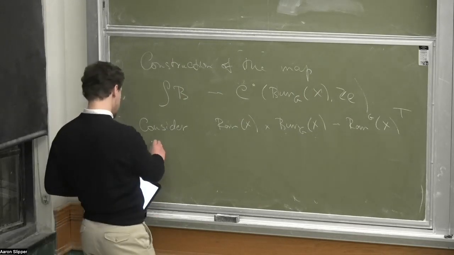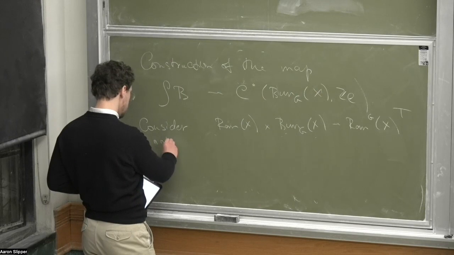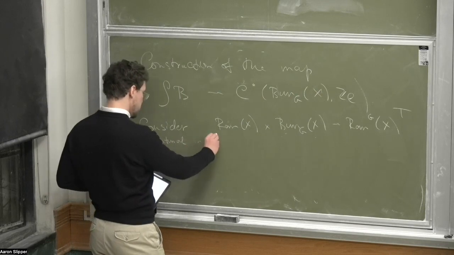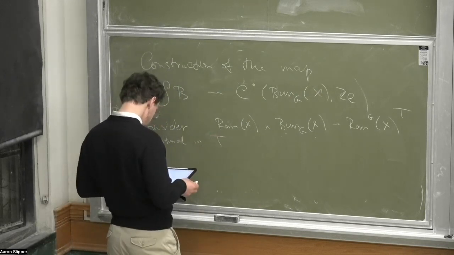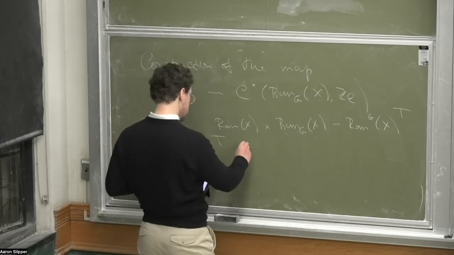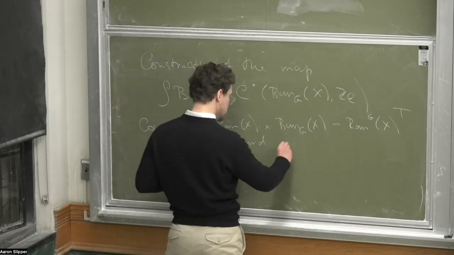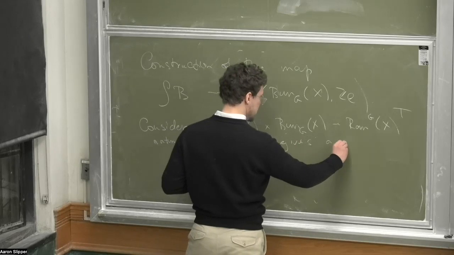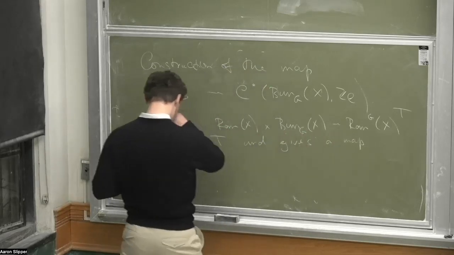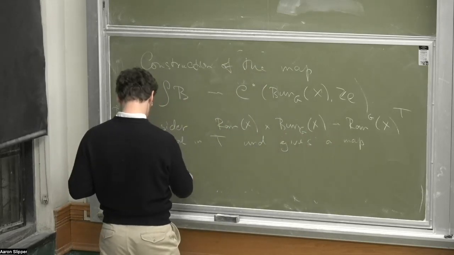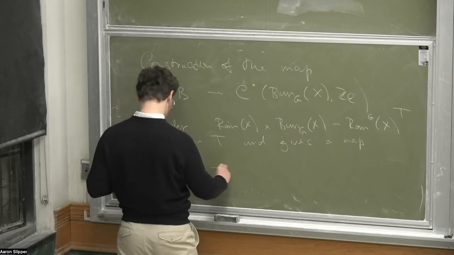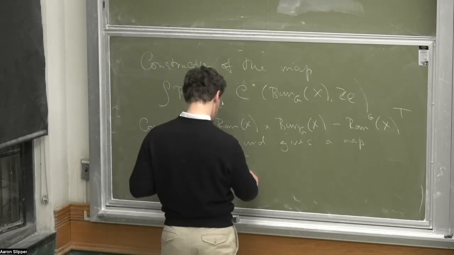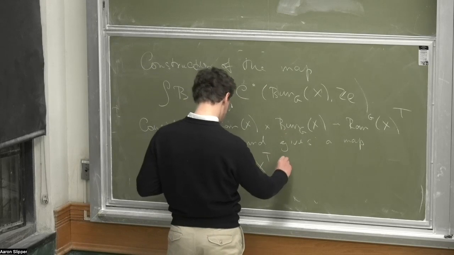And so this is functorial, natural in T, and gives a map from DT to the following.